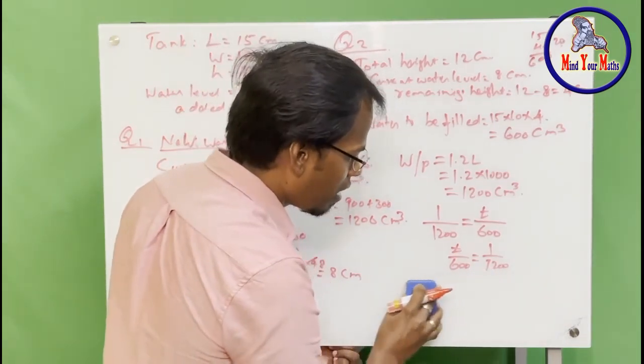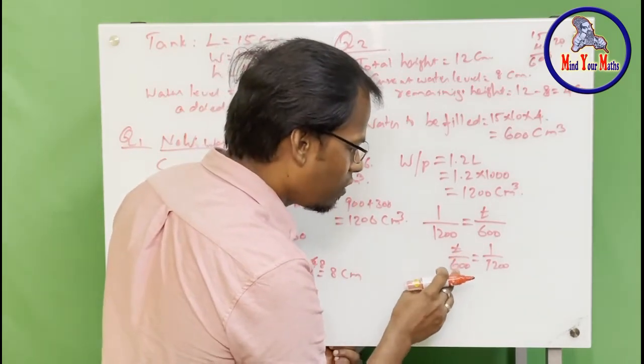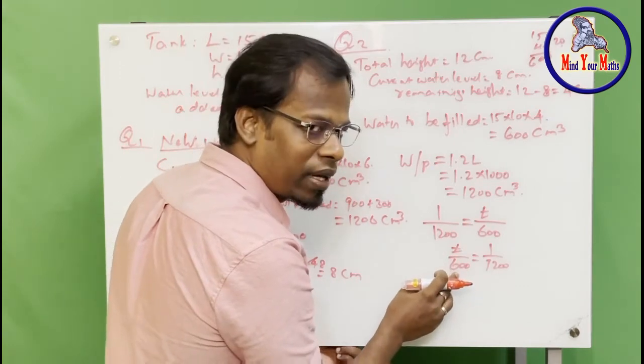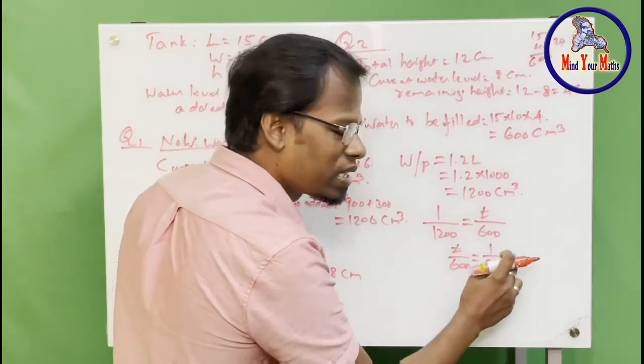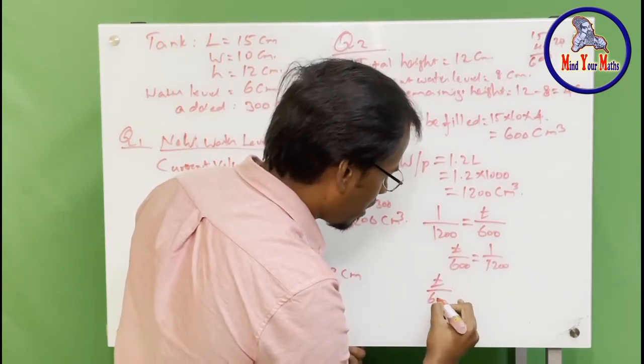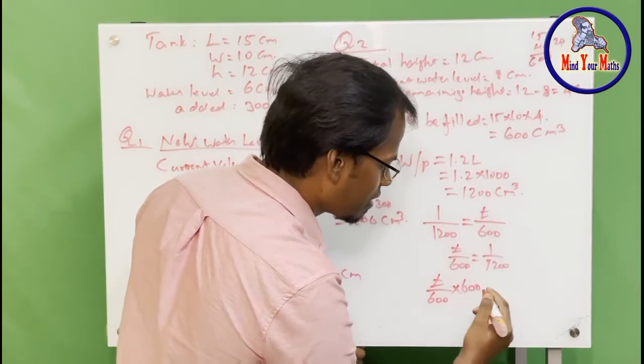Okay. See, now here we just need T on the left side. So for that, what do we do? We just multiply by 600 on the left side. Because we are multiplying by 600 on the left side, we have to multiply on the right side as well. So let's do it that way. T divided by 600 times 600, because we are going to cancel the 600.